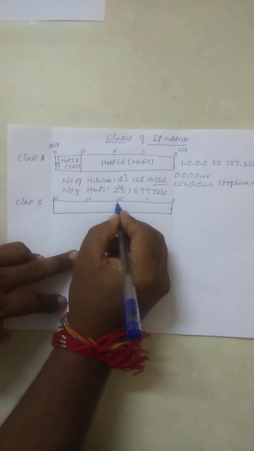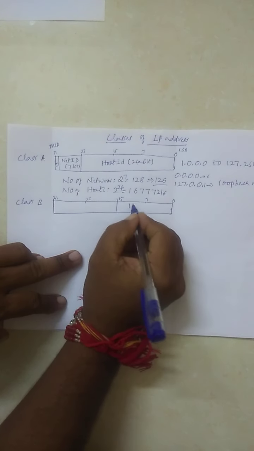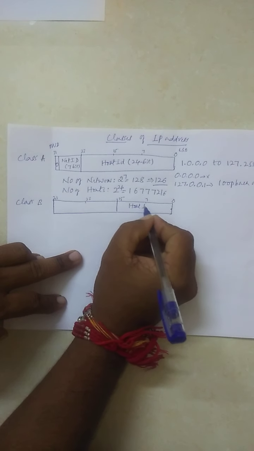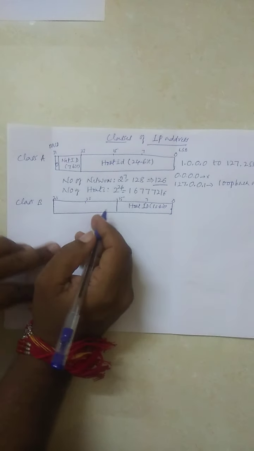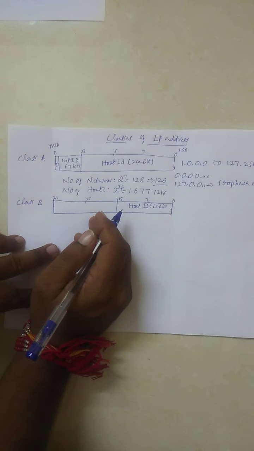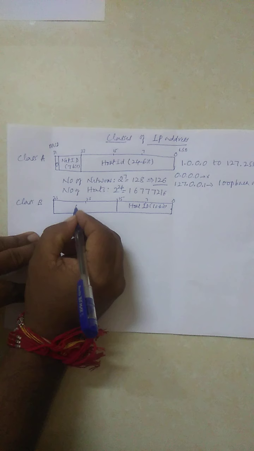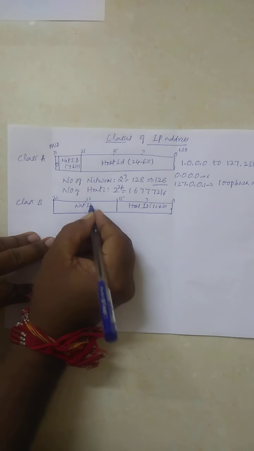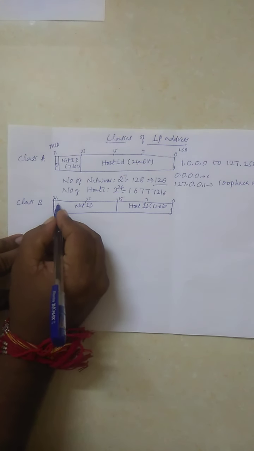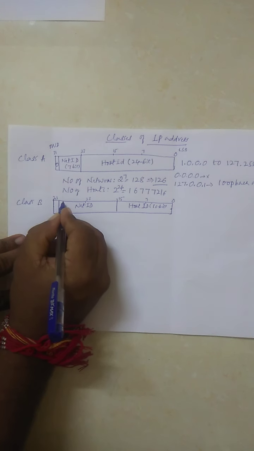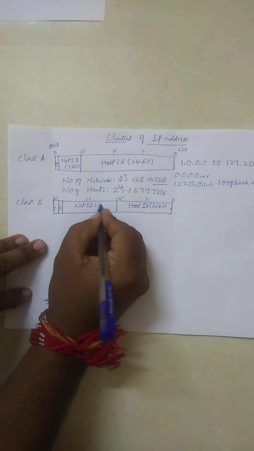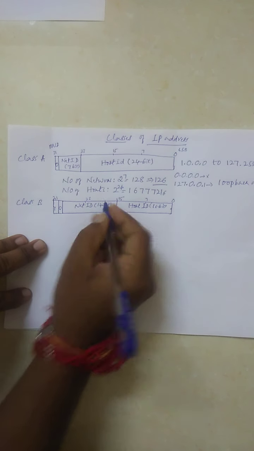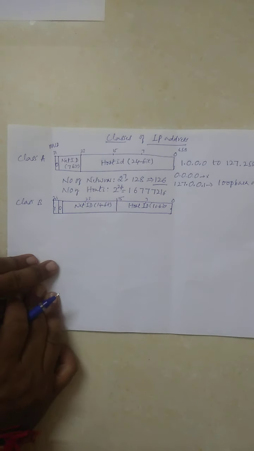We have a total of 16 bits for host ID in Class B, and the remaining 16 bits we are using for network ID. Among these 16 bits, 2 bits we are using for class identification, that is 10. The remaining 14 bits we are using for the network in your Class B address.